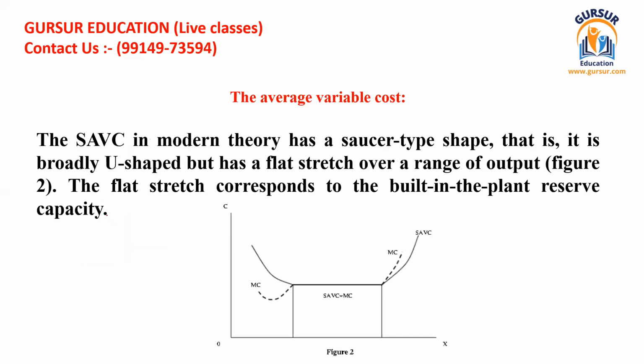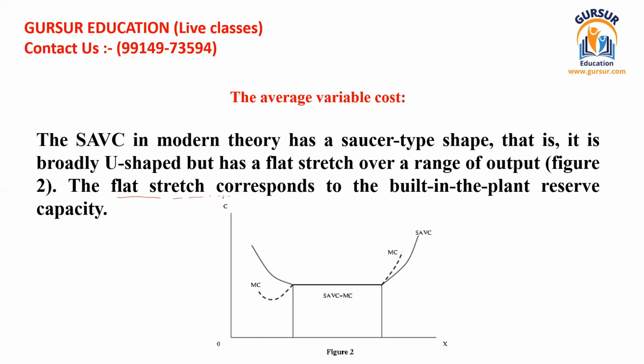Next, this is the average variable cost. You can see that this is the kind of shape. It goes like that, and after that it becomes somewhat straight, and after that it rises again, and this has more stretch than in the traditional theories. This has a flat stretch.